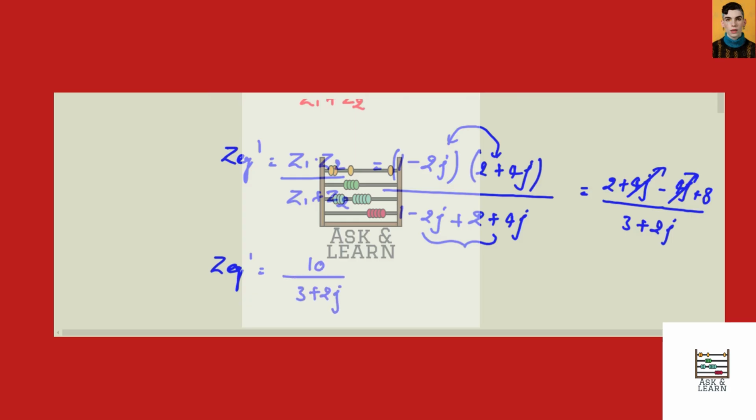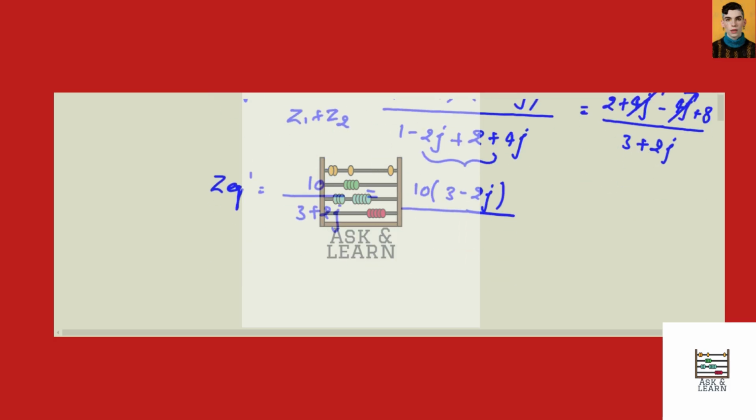If we multiply with the conjugate, we get 10 into 3 minus 2J, and in the denominator 3 square plus 2 square, right? So this will become 10 by 13 into 3 minus 2J. So this is our Z equivalent prime.